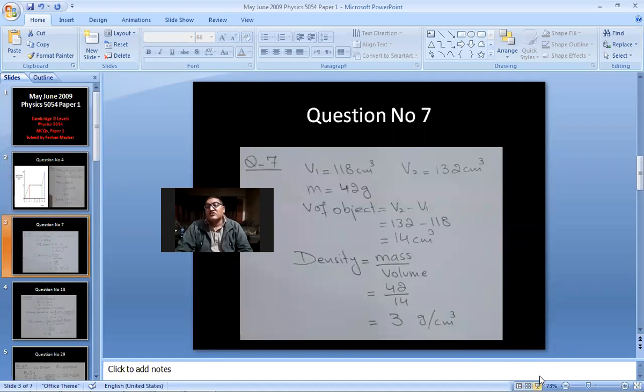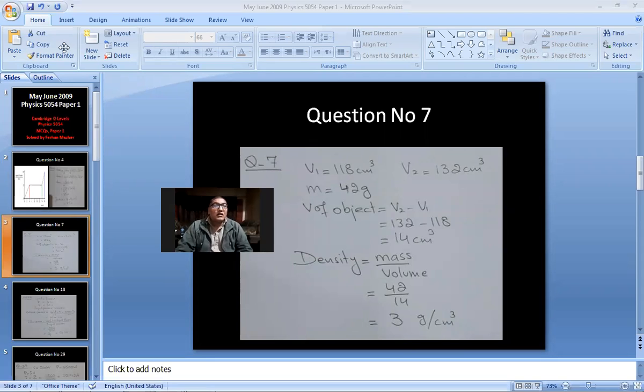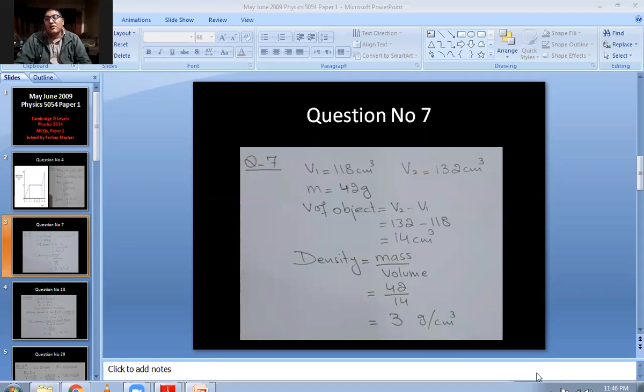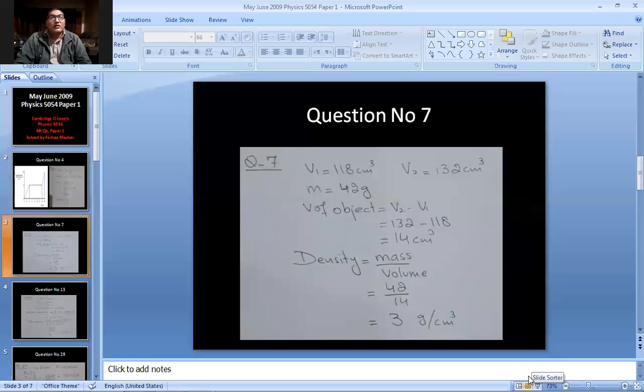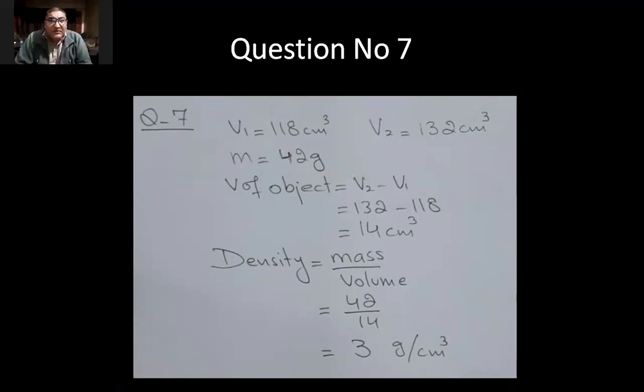So the volume of the object will be V2 minus V1, 132 minus 118, and that will be 14 centimeter cube.